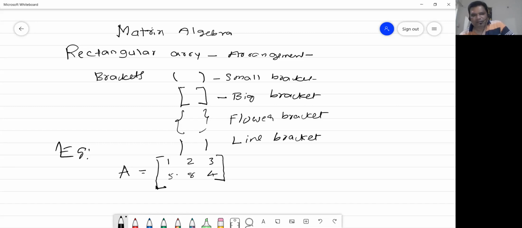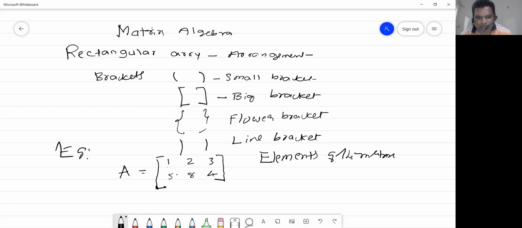In this one, the numbers 1, 2, 3, 4, 5, 8 are called the elements of the matrix. These elements are arranged in rows and columns.